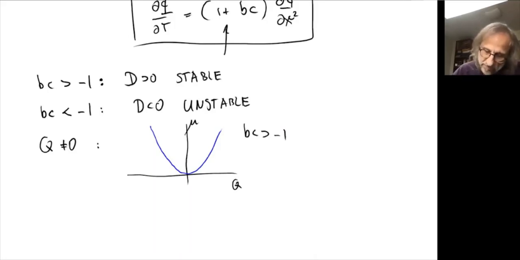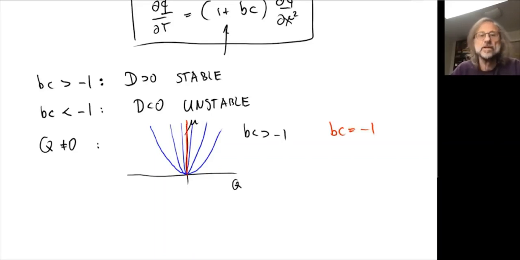And when BC becomes smaller, goes closer to -1, it becomes narrower. That's to be contrasted with the real Ginzburg-Landau equation, where there was no parameter that we could change to change the width of that stable band. Here, there is. And when BC is equal to -1, that stable band disappears, meaning there's no wave number left anymore for which the waves are linearly stable.